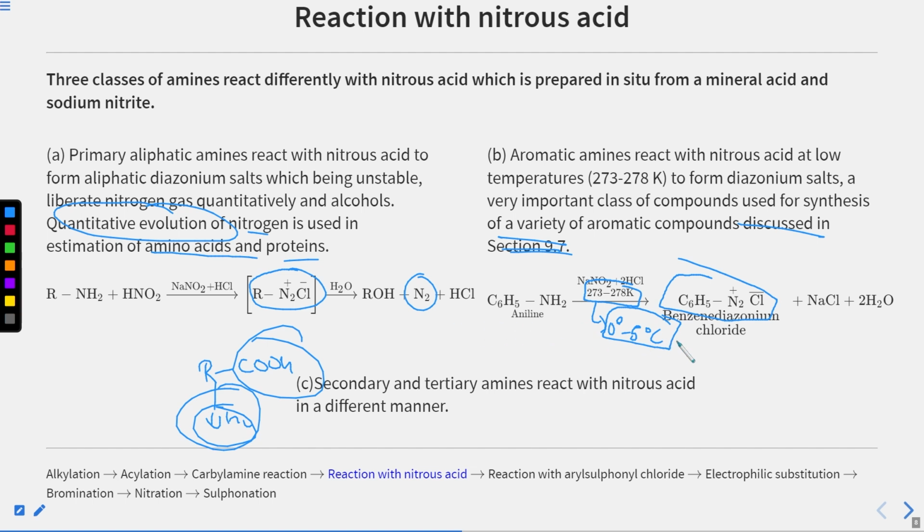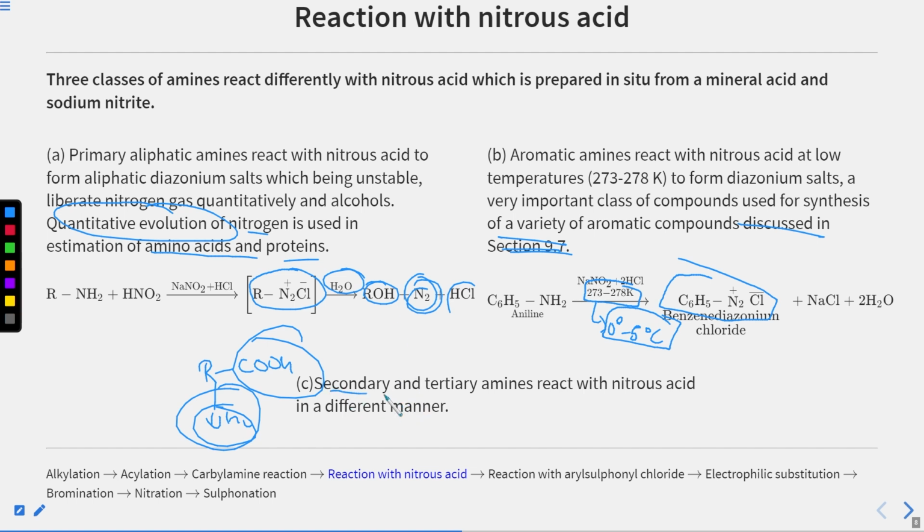It goes the same as the diazonium chloride. First of all, it forms the diazonium chloride, but it is not stable at all. As soon as it forms, it quickly breaks down into alcohol, nitrogen and HCl in the presence of water.